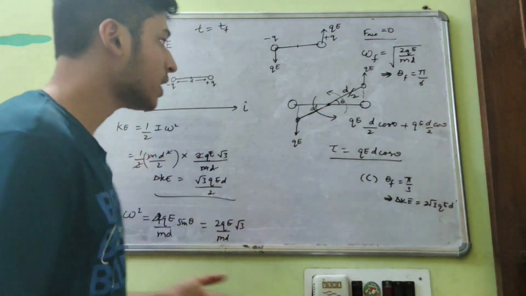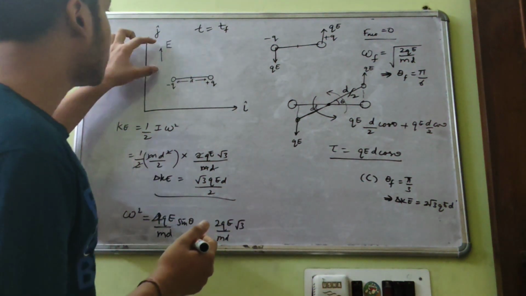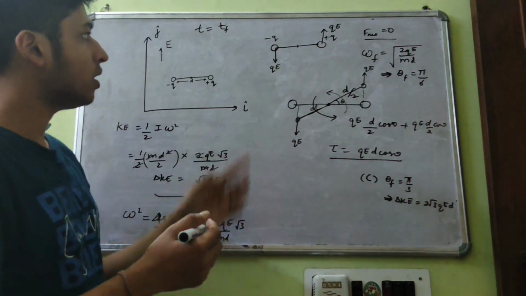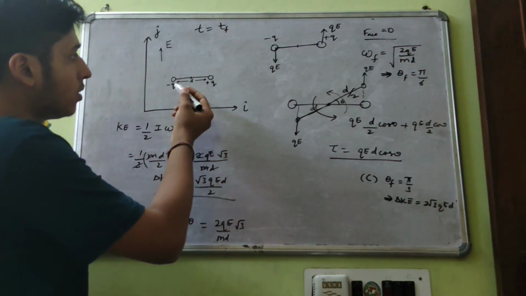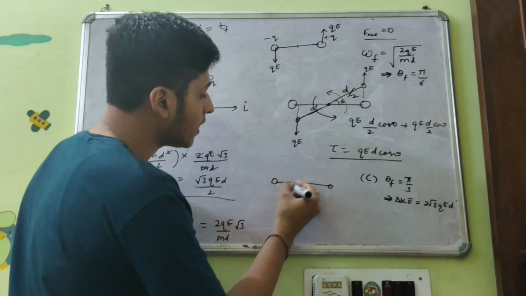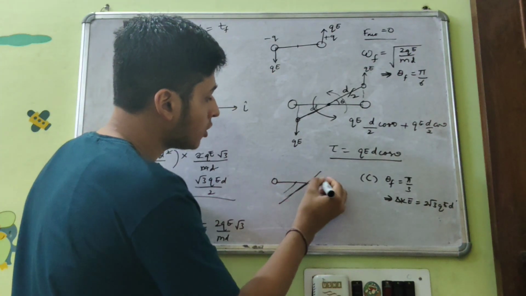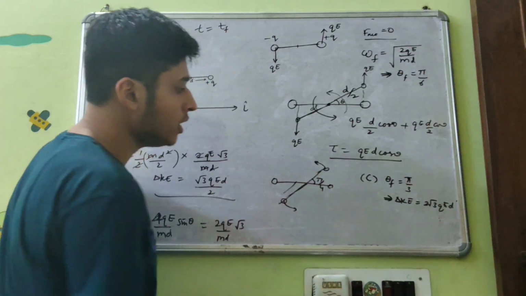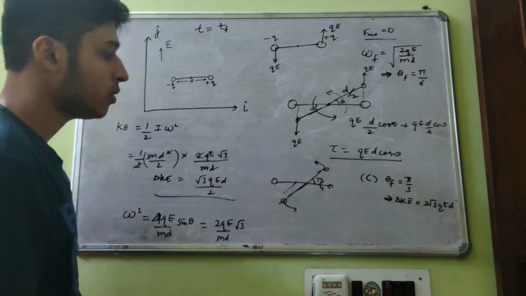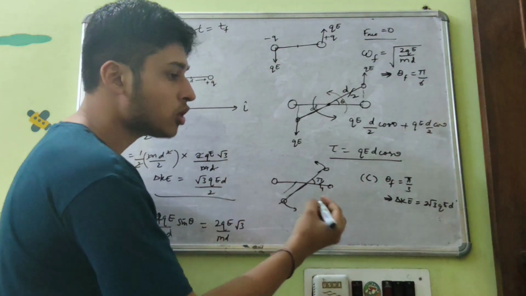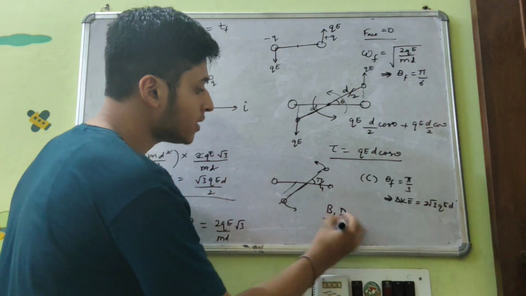So yes, this option is correct, because once the electric field is switched off, the net force is 0, the net torque is also 0. So with whatever angular velocity it would have attained by that time, it will continue to rotate with that angular velocity due to its inertia. So for any angle this would be true. So this option is correct. And correct answers are B and D.